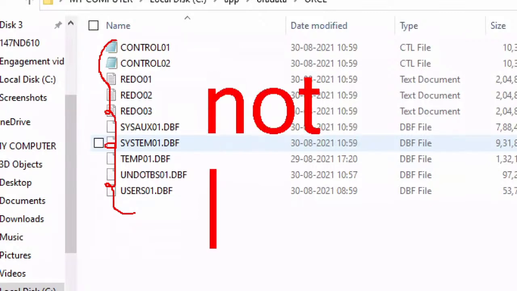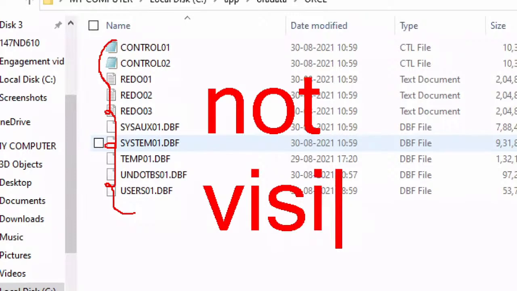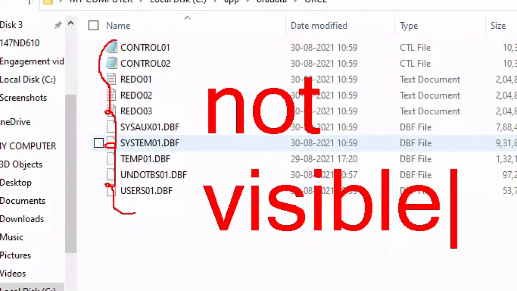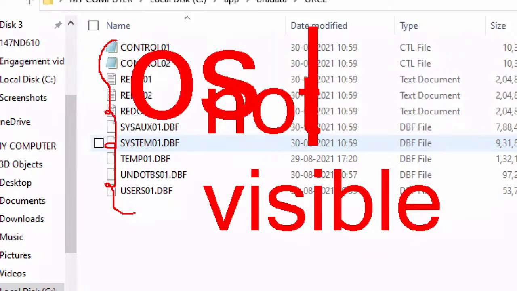This is not visible. That's why a structure which is not visible in the operating system, OS, is called a logical structure. Very, very important: tables are not visible in the C drive, D drive like that. Views are not visible in the C drive, D drive, E drive. Indexes, functions, procedures are not visible. They are visible in the database, I agree, but unfortunately not in the operating system.